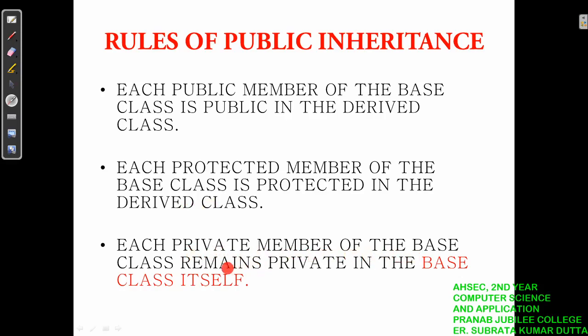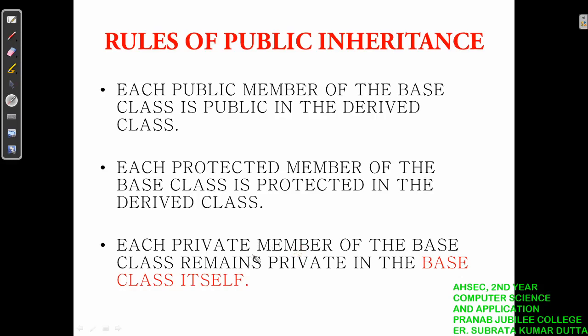Okay. But this last point is very important. Each private member of the base class remains private in the base class itself. That means those members that are declared private in the base class cannot be inherited by a derived class. I am repeating again, those members that are declared private in the base class cannot be inherited by the derived class in any condition, because in the access specifier definition we have already read that private members can only be accessed within the given class, not outside that class.